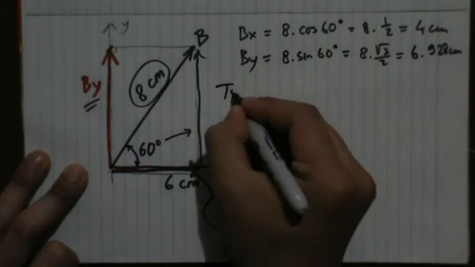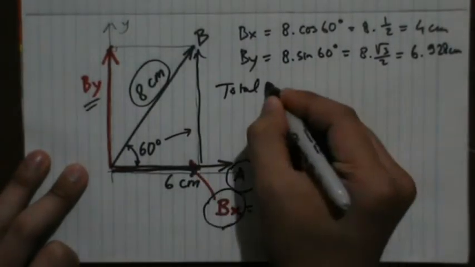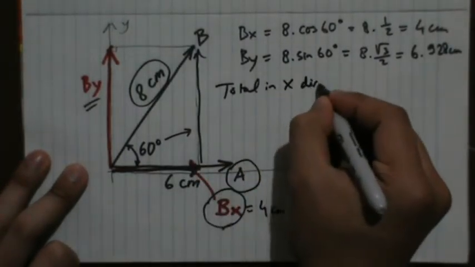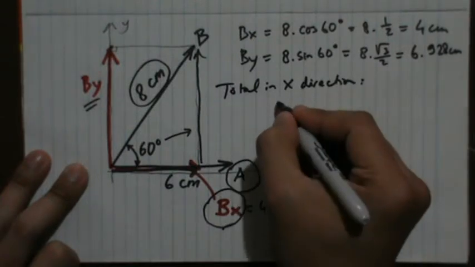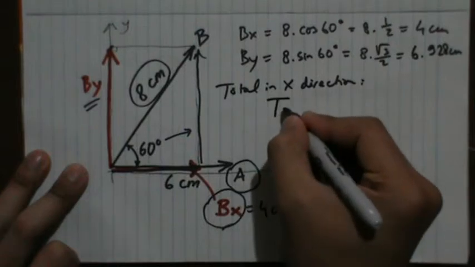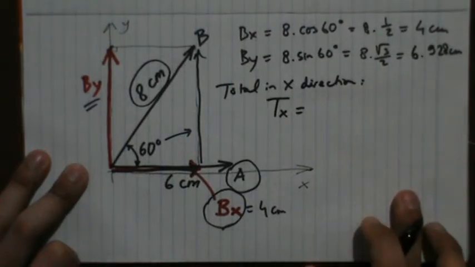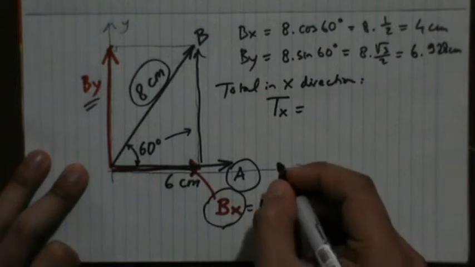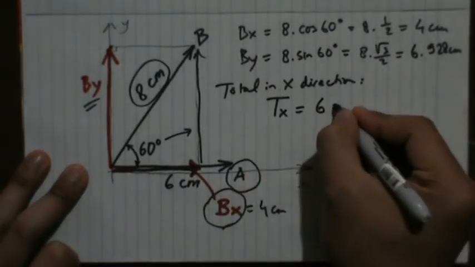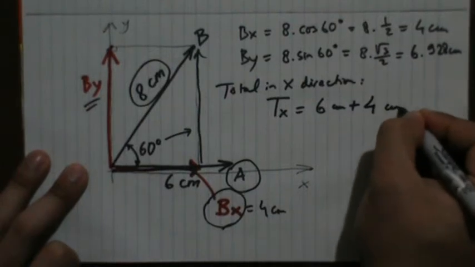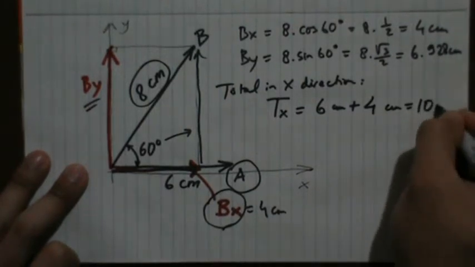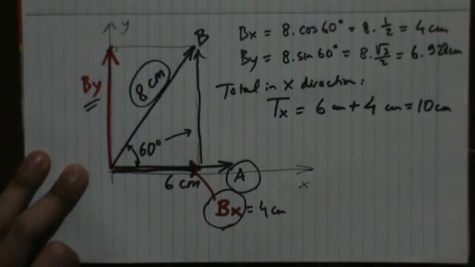So total in x direction here, we can say it's tx. tx is vector a 6 centimeter plus bx 4 centimeter, and that's equal to 10 centimeter.